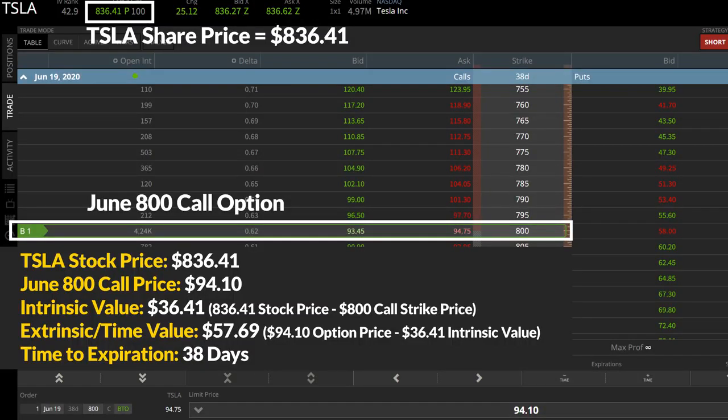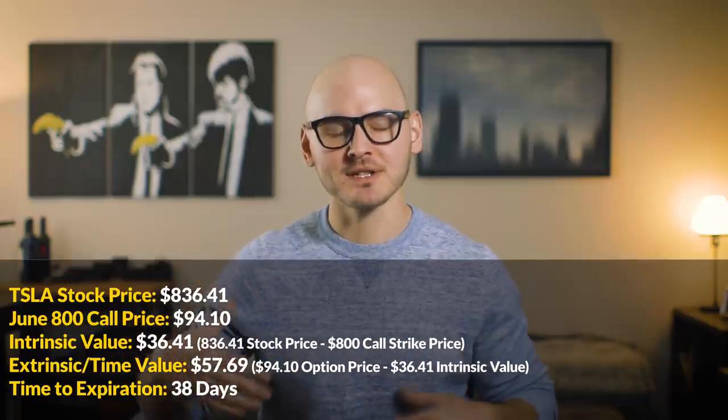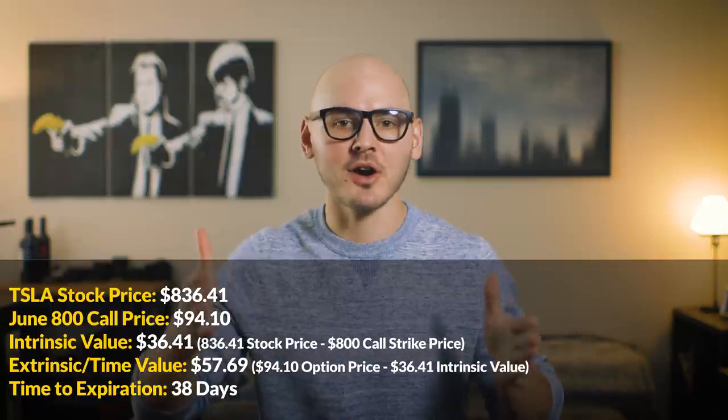Now let's think about this. Tesla shares are incredibly volatile, and with an option that has over 30 days to expiration, there's a lot of time left for Tesla shares to move around a lot. Particularly in the case of this call option, if Tesla were to go to $900, this 800 call option would now have $100 of intrinsic value.